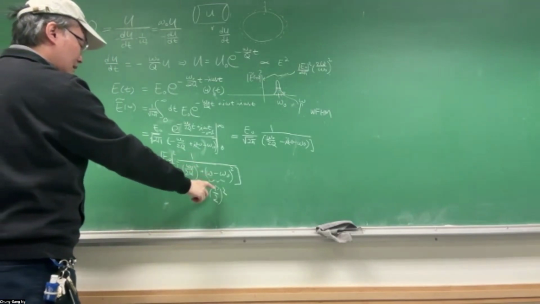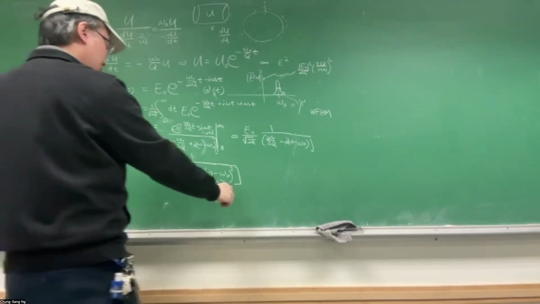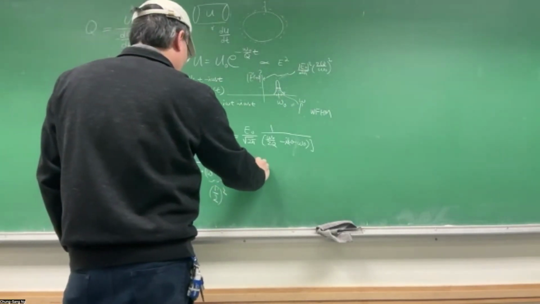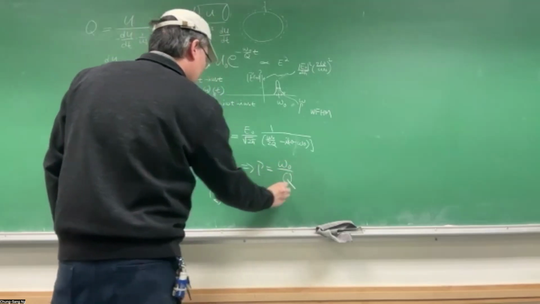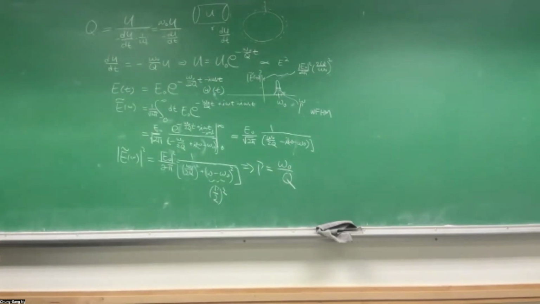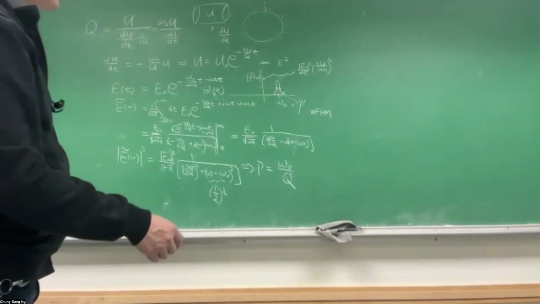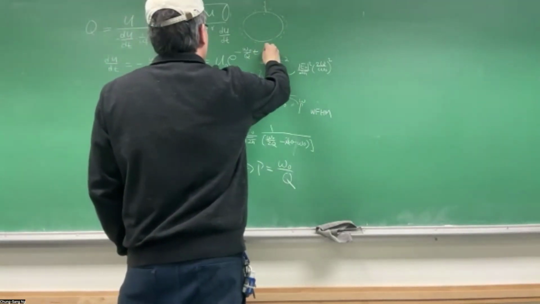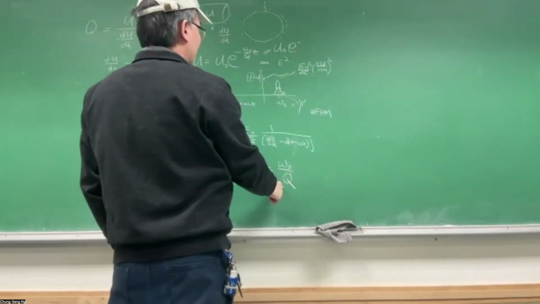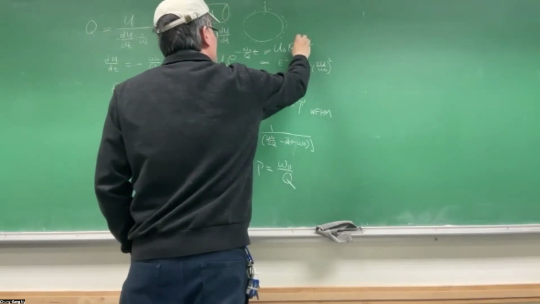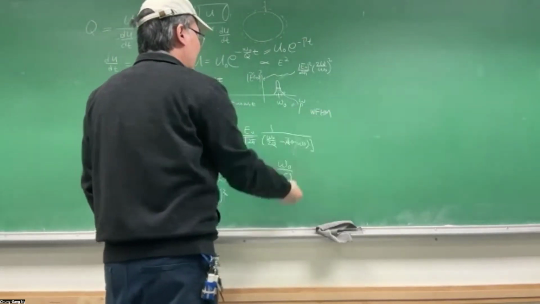So this term must equal this term, and you compare the form of that, so this means delta equals omega sub 0 over 2Q. Okay, so that's straightforward. So this gamma, omega sub 0 over Q, is just the full width at half maximum.